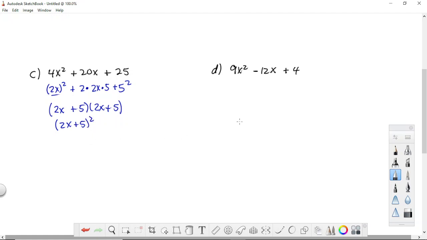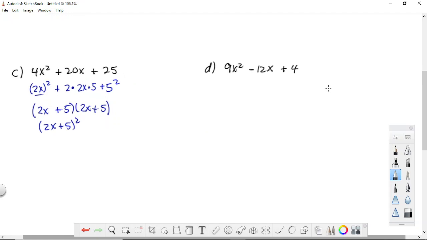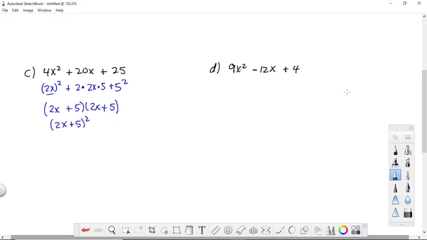Okay, so the next one is similar, but just a little bit different. We look at it, and again, the a term, the x squared term that is, and the constant term, which does not have an x at all, they are both perfect squares.